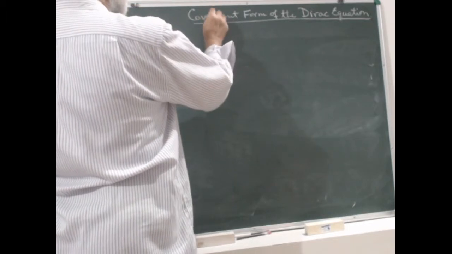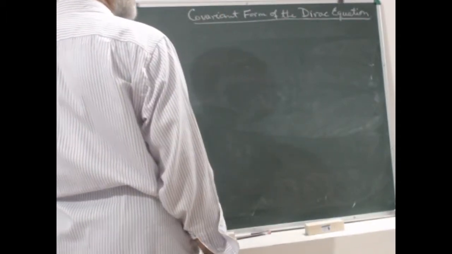Covariant form of the Dirac equation means we want the Dirac equation in 4-dimensional form.